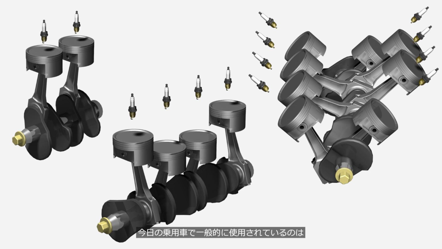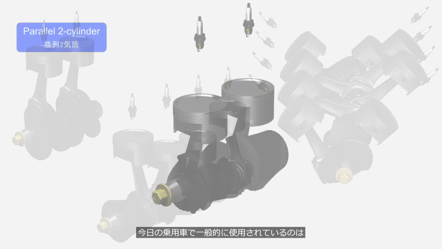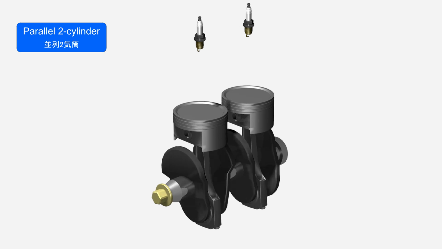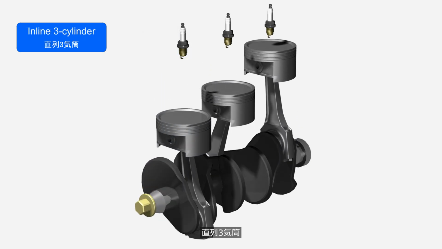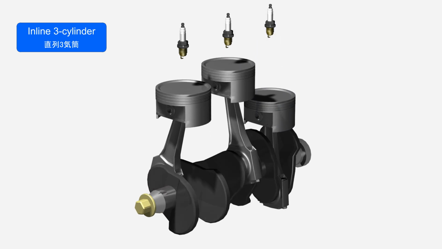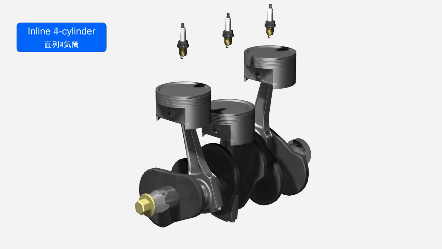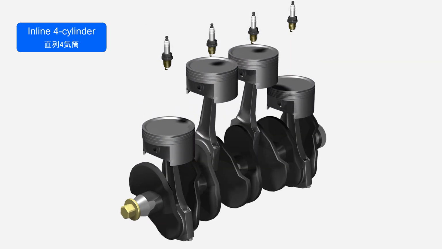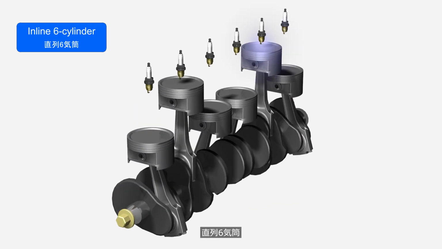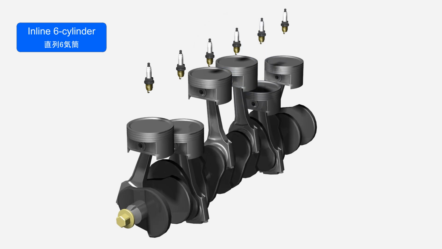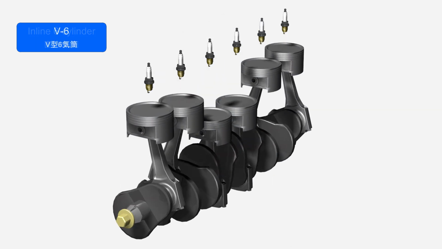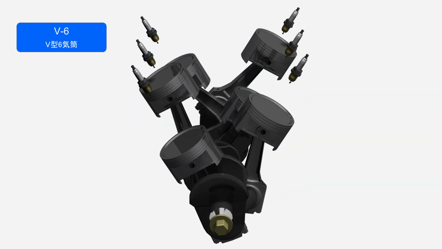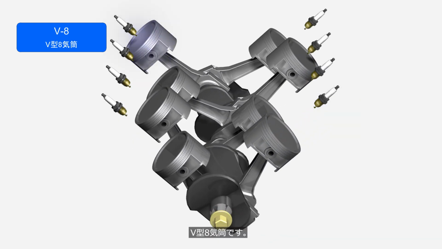In modern passenger cars, the commonly used configurations are parallel 2-cylinder, inline 3-cylinder, inline 4-cylinder, inline 6-cylinder, V6, and V8 engines.